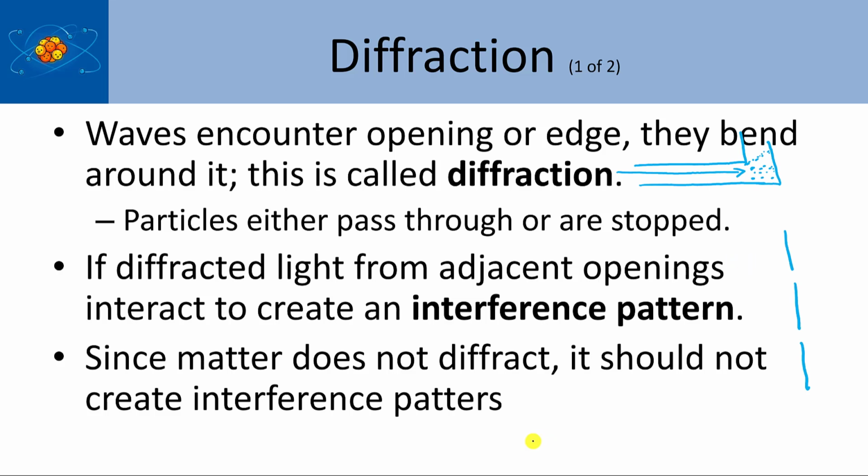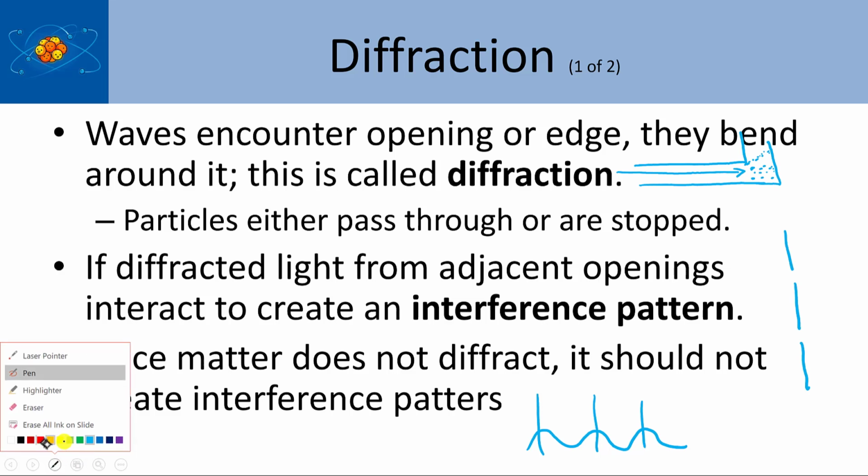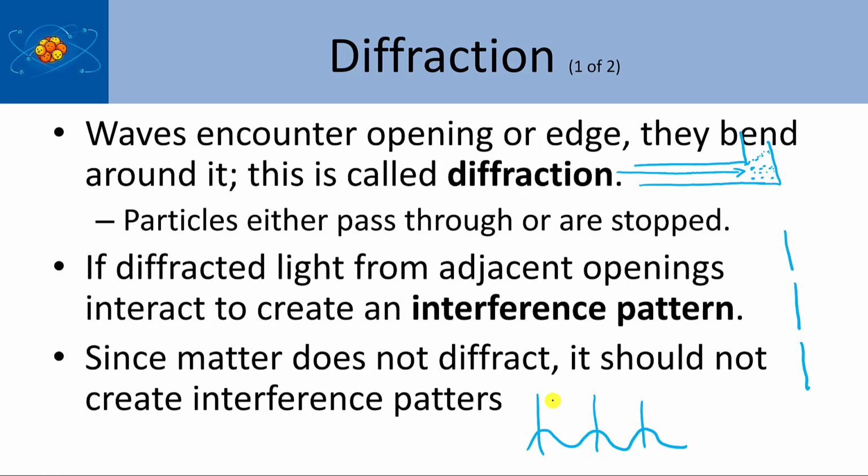So we're looking at waves that look like this, and we're going to put a line like this at the top of every wave. Let's do this in a slightly different color, in green. So we have waves going like this, and that's representing just the crests or the tops of the waves.